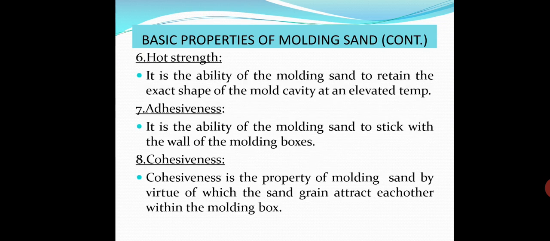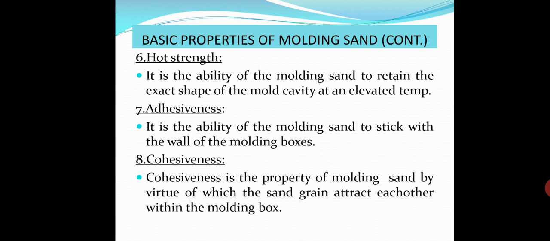Next is hot strength. This is the ability to retain the exact shape at an elevated temperature. So it should not enlarge. The cavity must have the exact shape when the molten metal is poured.